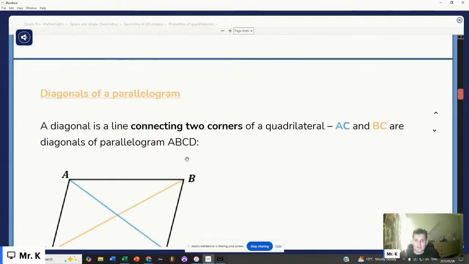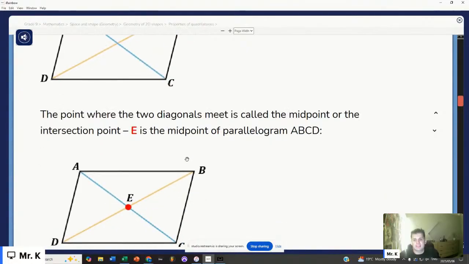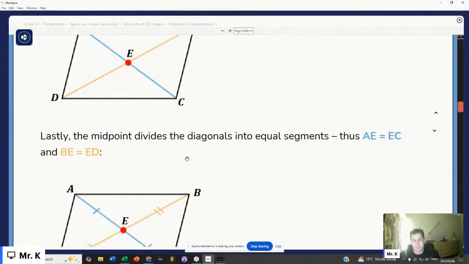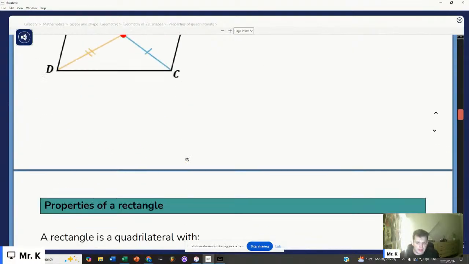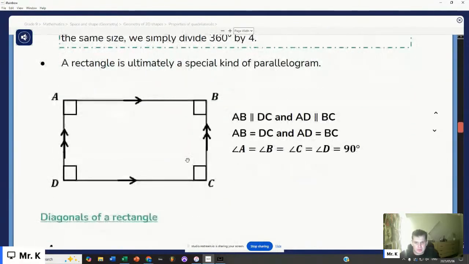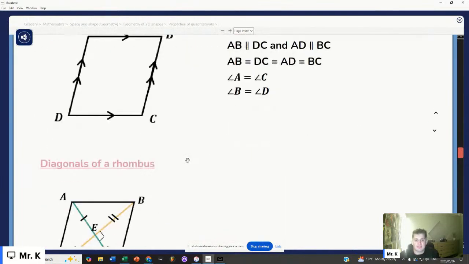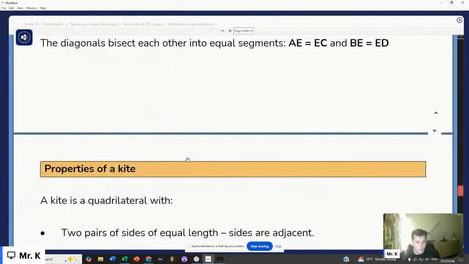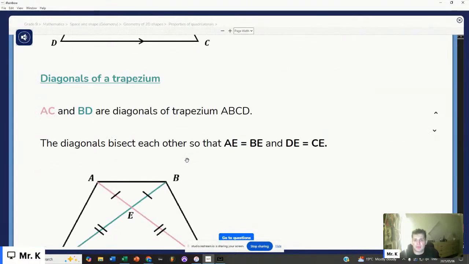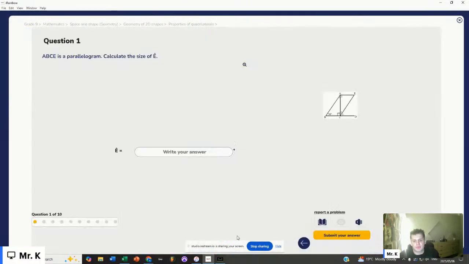So I would recommend you go and use this document and read through it carefully. Again, most importantly, please be careful of the word bisecting. I do believe it might have been misused once or twice by mistake, and we're working to quickly change that. But be aware of it in the back of your head. Once you've gone through the entire document and you're comfortable with the properties of all of these shapes, go and test yourself.